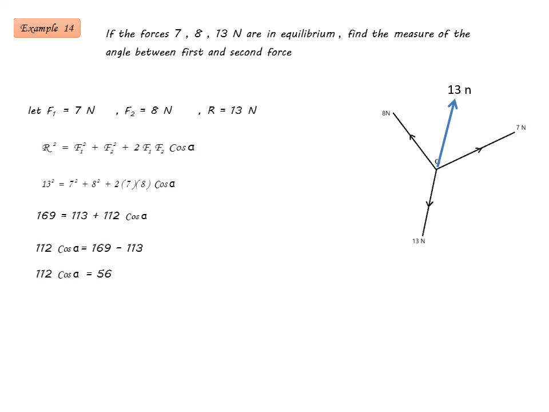That means 112 cosine alpha equals 169 minus 113. Cosine alpha equals 56 over 112, finally 1 over 2. Shift cosine of 1 over 2, alpha will be 60 degrees.